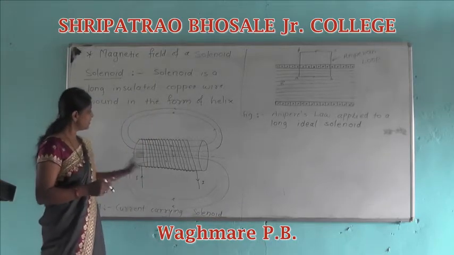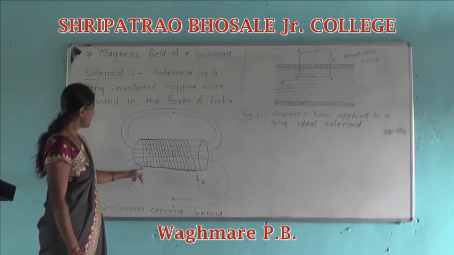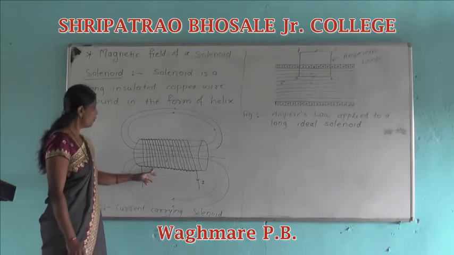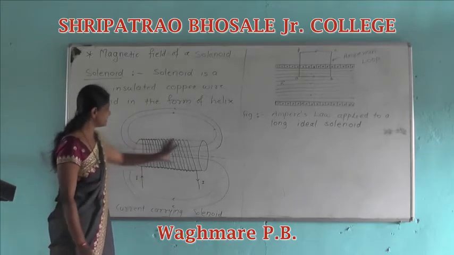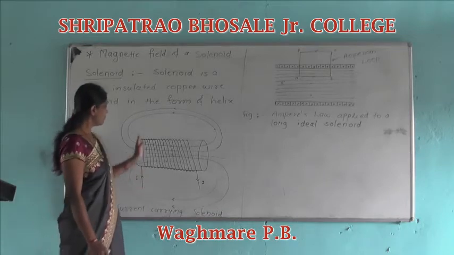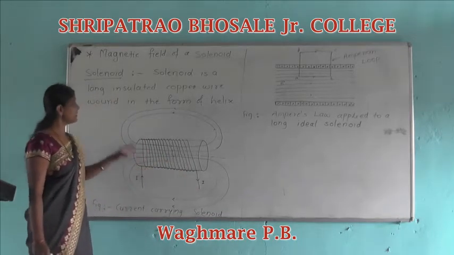As shown in the figure, the structure of the solenoid is shown here. This is the copper wire through which current flows, and it is wound in the form of a helix. This helix is formed here, and this is the current passing through this copper wire, and this copper wire is insulated.